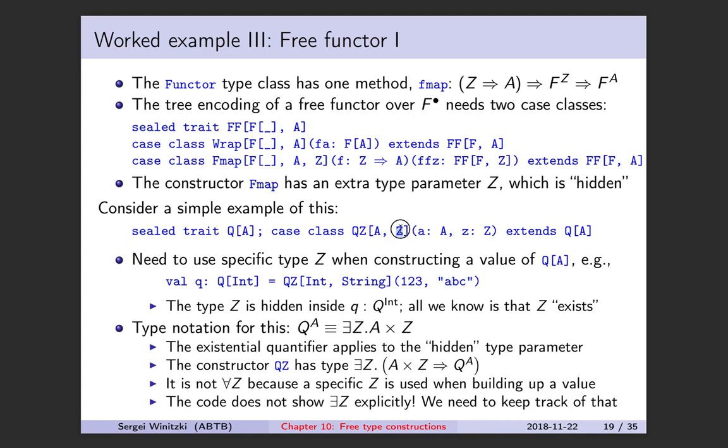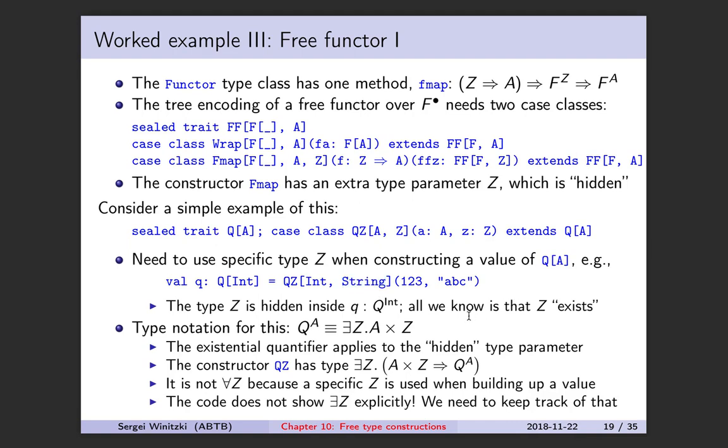And it knows that it's hiding, it's parameterized, so it could have been another type. So when we have a value q of this type, we know that it is integer in this parameter, but we don't know what is this other parameter, z. We know that it exists inside Q, hidden inside Q.